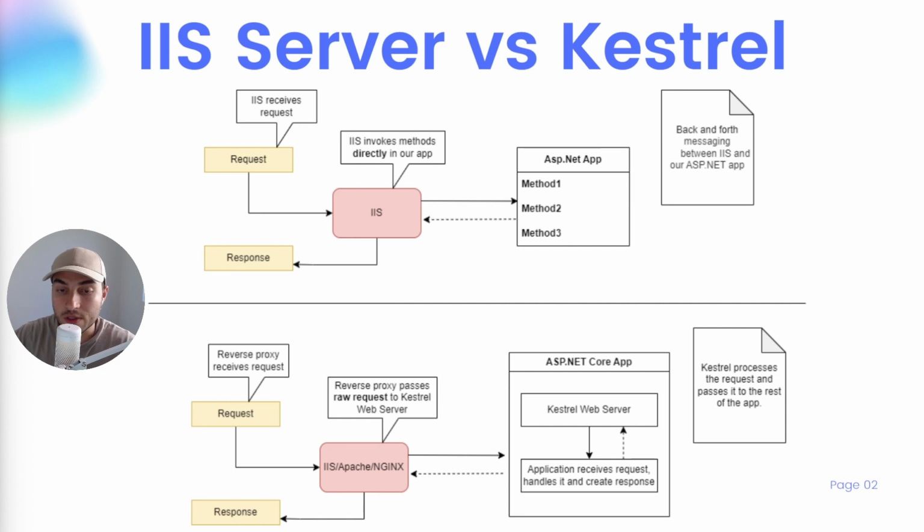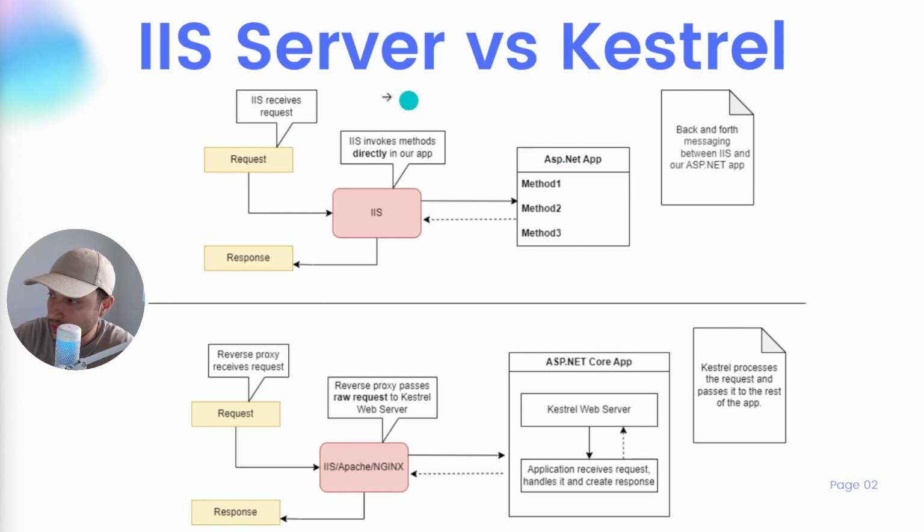But what I want you to understand is that before, IIS had a tightly coupled relationship with our application, as you can see in this first approach. But now the reverse proxy simply handles the raw requests that come from the network or the client and hands them to our self-hosted web server, the Kestrel, but simply has no deeper understanding or knowledge of our application.